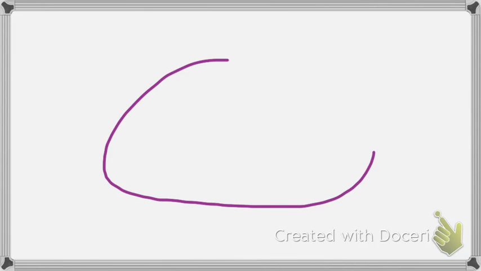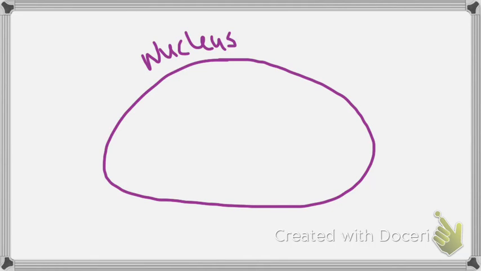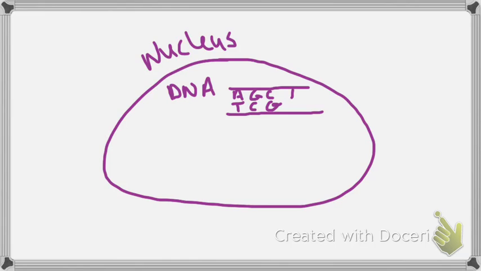Okay, so let's draw this process of transcription. So here is our nucleus where this all is occurring. Inside of our nucleus we're going to have our DNA molecule. So here is our DNA strand, and we'll say this is A, T, G, C, C, G, T, A. In the first process of transcription, we're unzipping our DNA molecule.